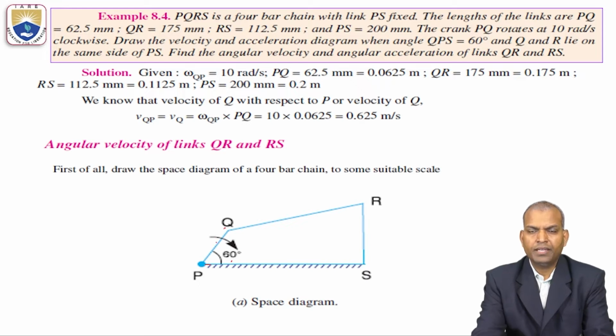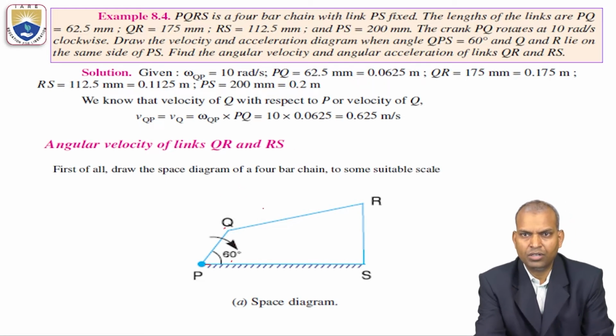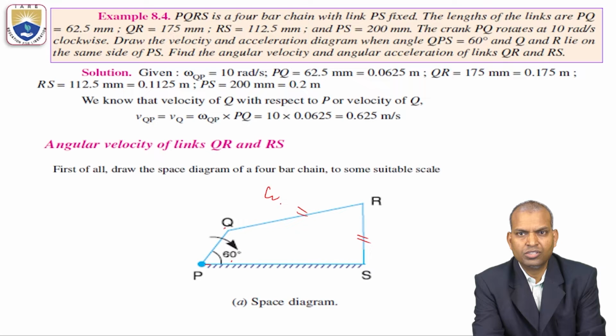PS. Find the angular velocity and angular accelerations of QR and RS. We want the angular velocity of QR and the angular velocity of RS, and also the angular accelerations of QR and RS.